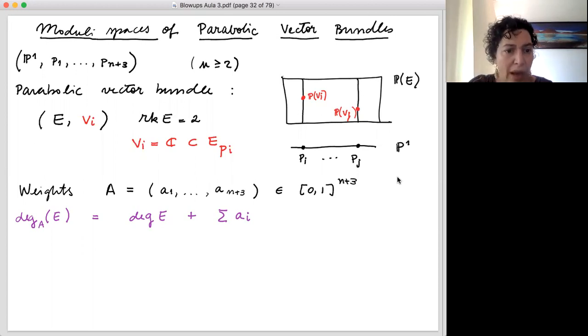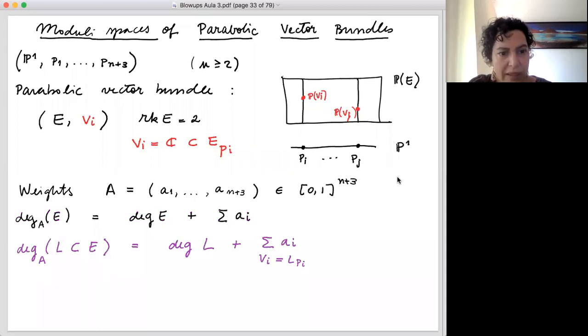And now I have to define the degree of a subbundle of a vector bundle. If I take a subbundle L of E, the degree with respect to a of this line bundle is going to be the usual degree of the line bundle, plus I will sum the weights, but not all the weights a_i.